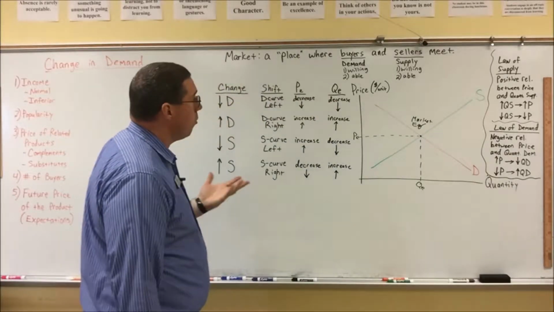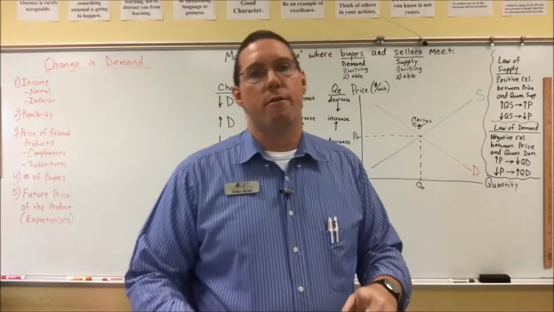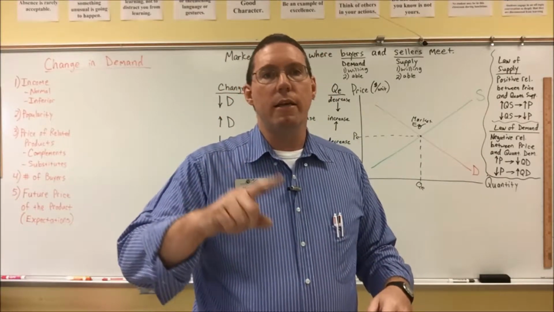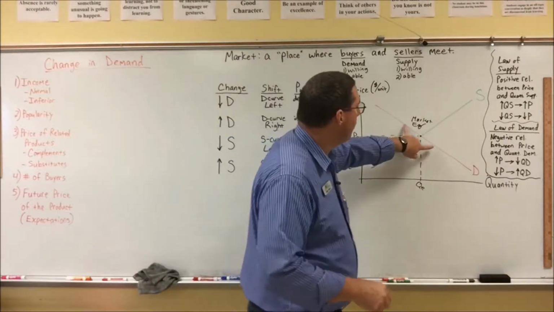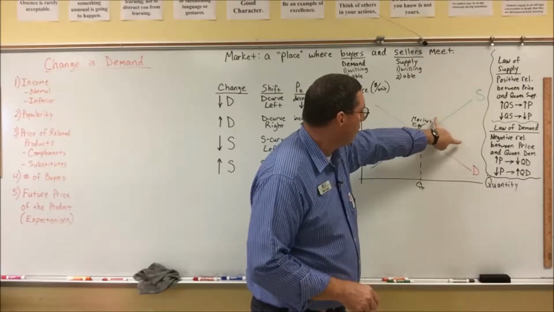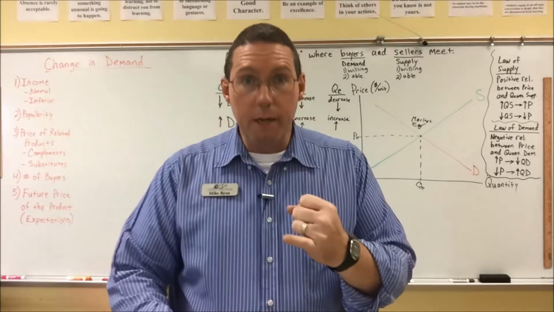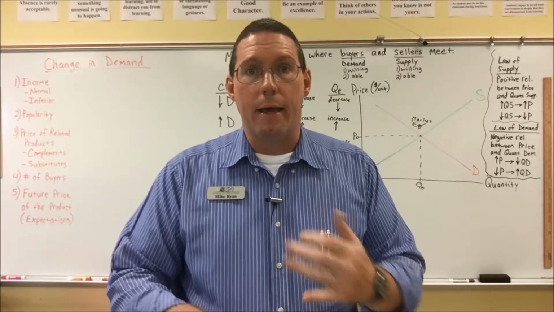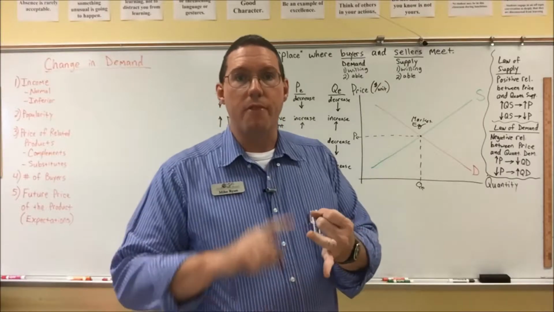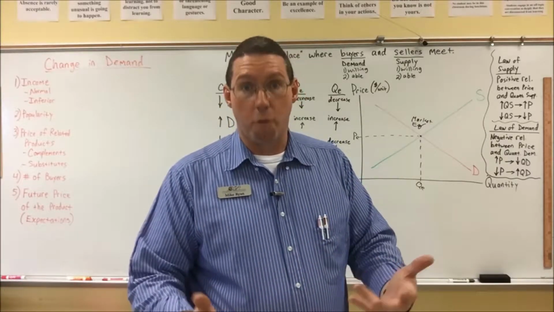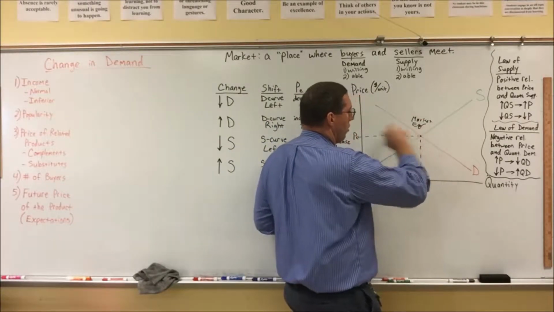And so then what we learned was that these forces of supply and demand, based on changes in buyers' willingness and ability to buy, can result in a change in the demand curve, that the demand curve can shift to the right or shift to the left when the ability to buy and the willingness to buy change. Similarly, sometimes the willingness to sell and the ability to sell changes for the sellers, and that results in a shift of the supply curve to the right or to the left.